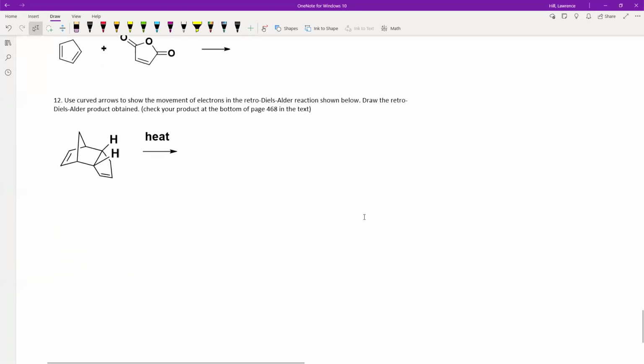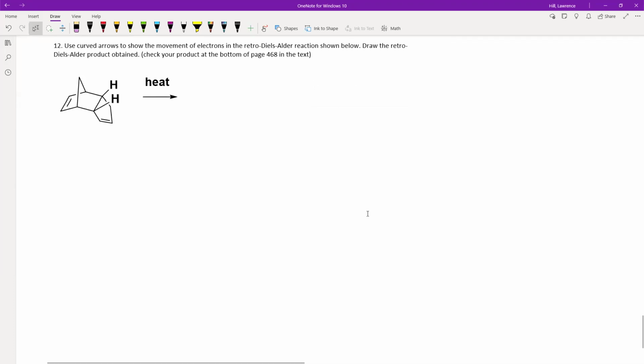Use curved arrows to show movement of electrons in the retro Diels-Alder reaction shown below. Draw the retro Diels-Alder product obtained. Check your product at the bottom of page 468 in the text. And so here, when we're going to do a retro Diels-Alder reaction, we want to first identify our cyclohexene ring. So we could call this our cyclohexene ring, or we could call this our cyclohexene ring.